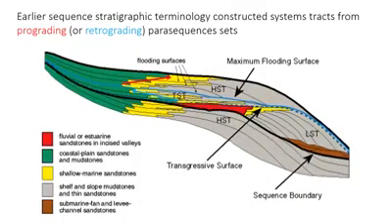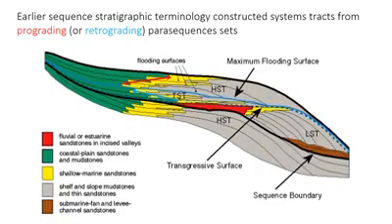If you look at this diagram, you'll note that even in the TST, these yellow shallow marine sandstones still prograde outwards during each parasequence, but the overall pattern is one of retrogradation. So within the TST there are little progradational packages, but the overall pattern is one of stepping backwards.